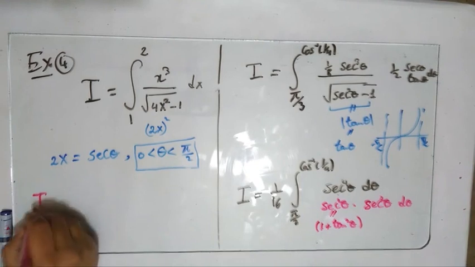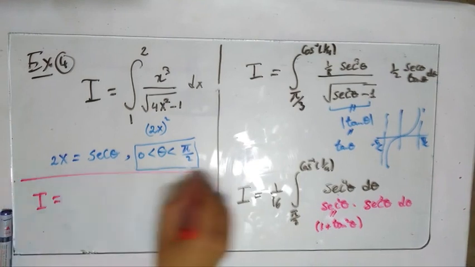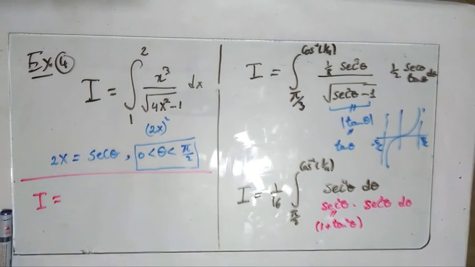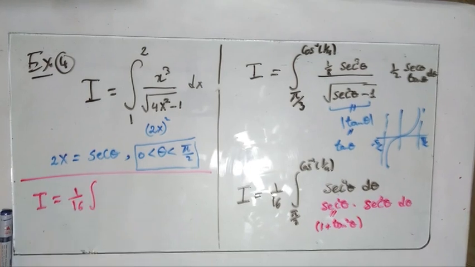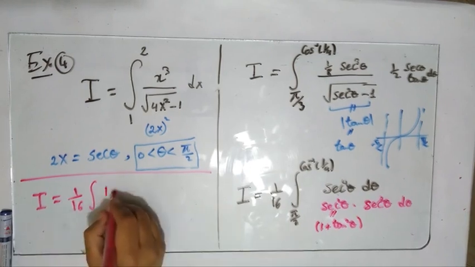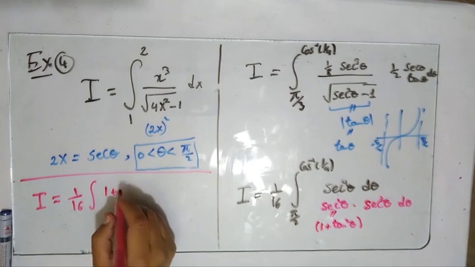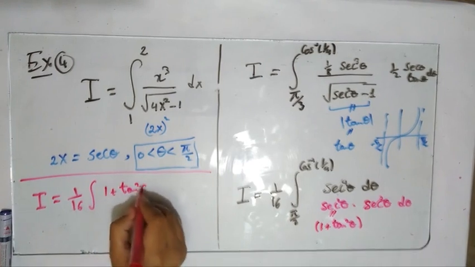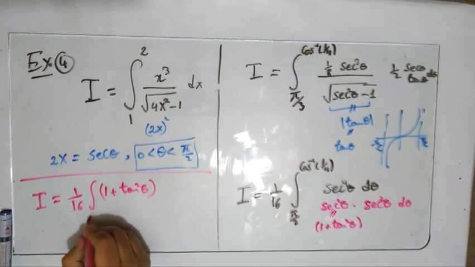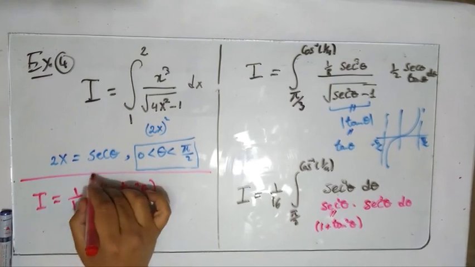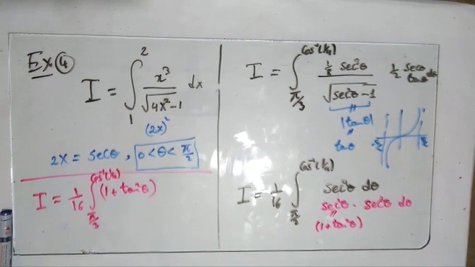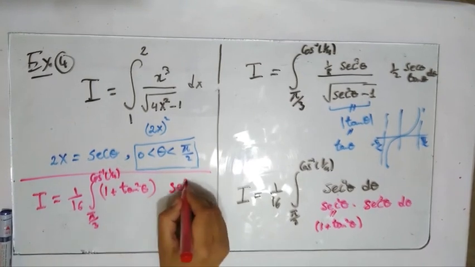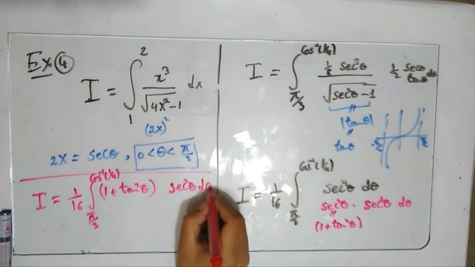So now our integral will be I equals 1 over 16, and then the integral of 1 plus tan squared theta, from pi over 3 to cosine inverse of 1 over 4, times sec squared theta d theta.